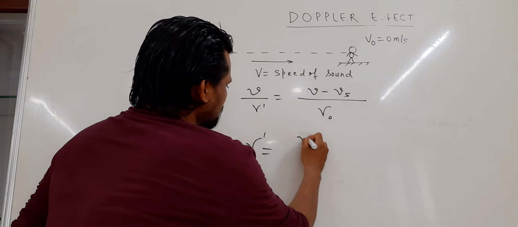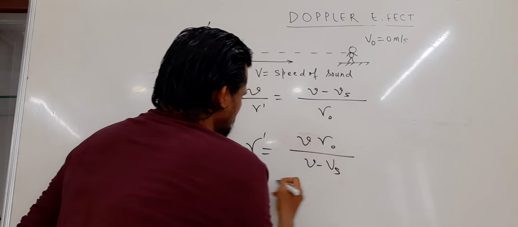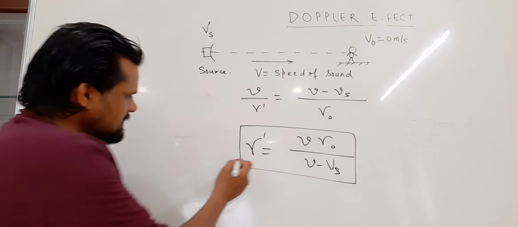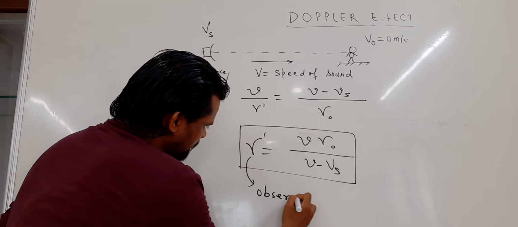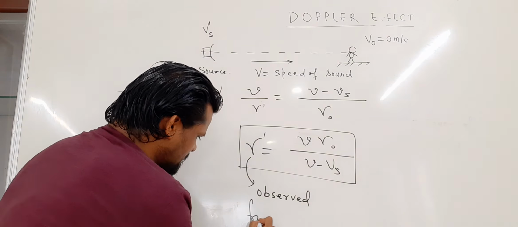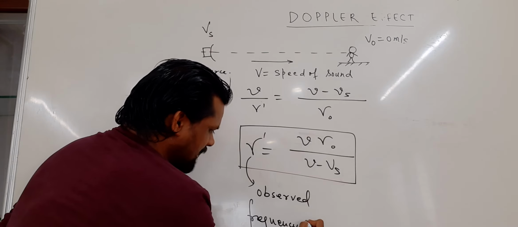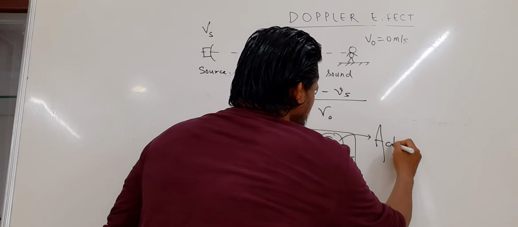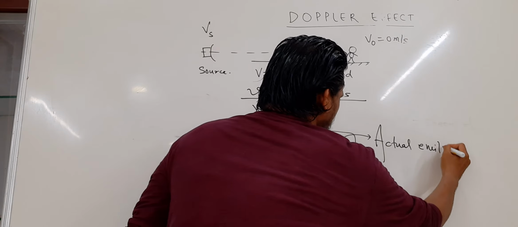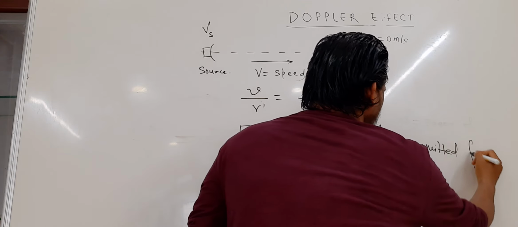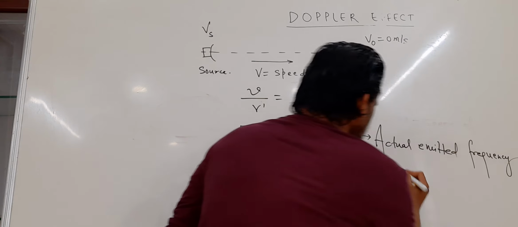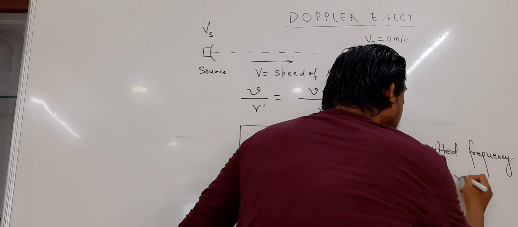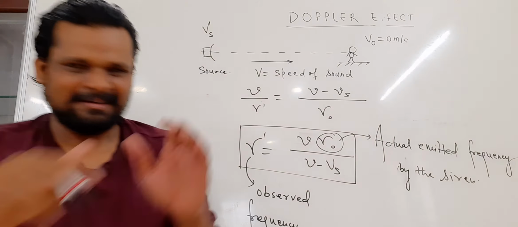So nu dash is the observed frequency by the observer, and nu naught is the actual emitted frequency by the siren.